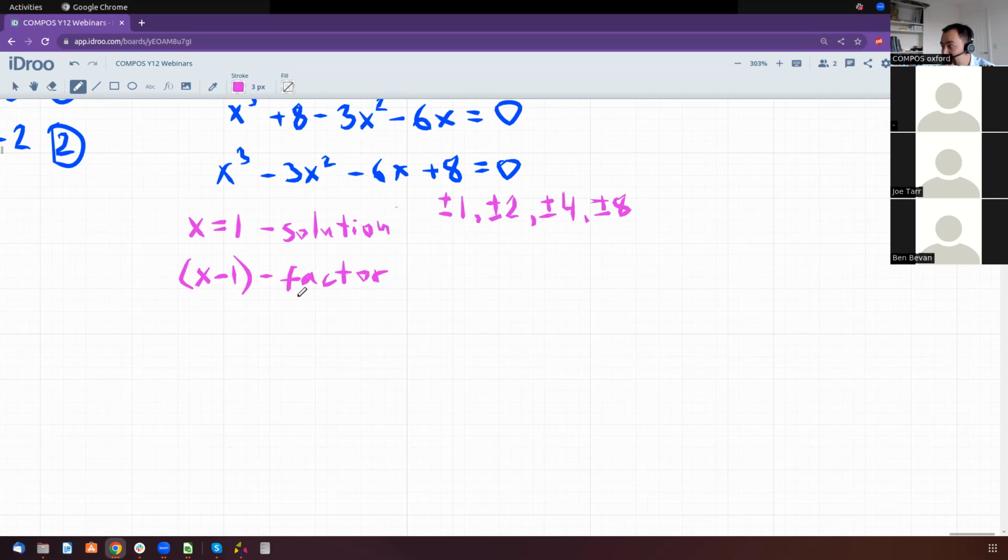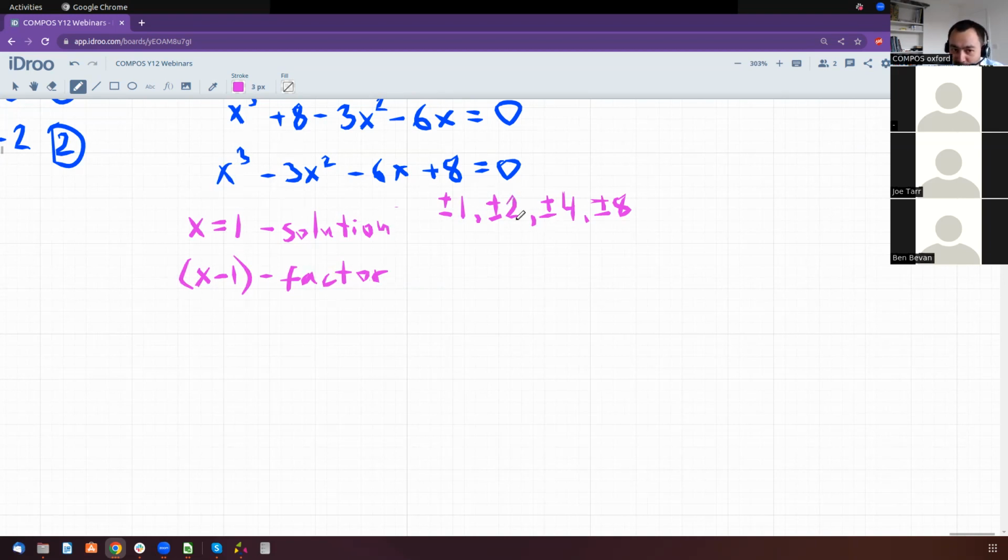I'm assuming you've done the factor theorem in your A-level course, in your year 12 course. So x minus 1 is a factor, and therefore we can factor it out.